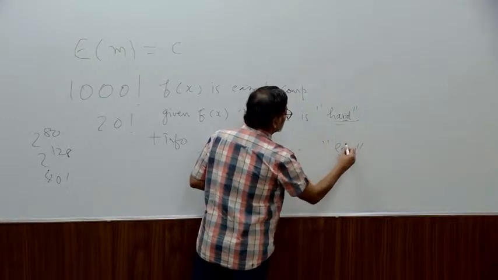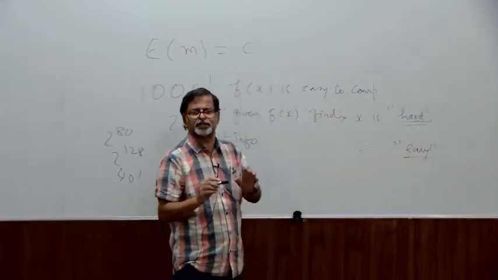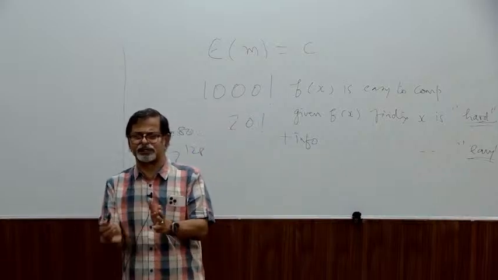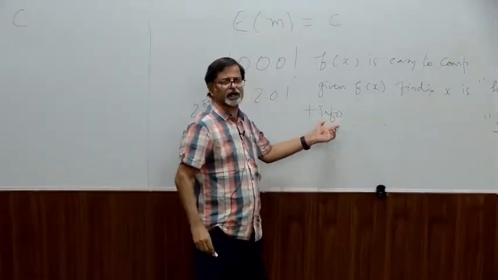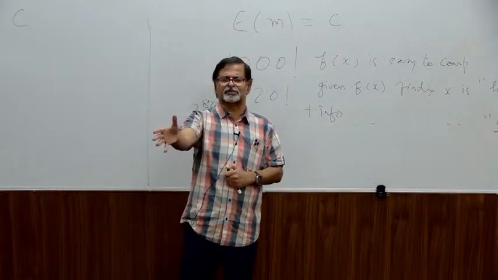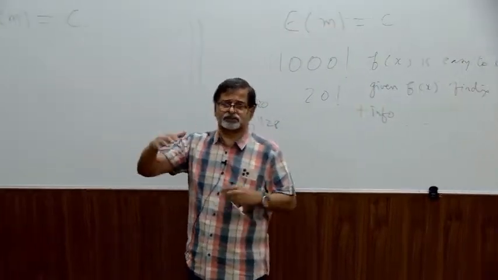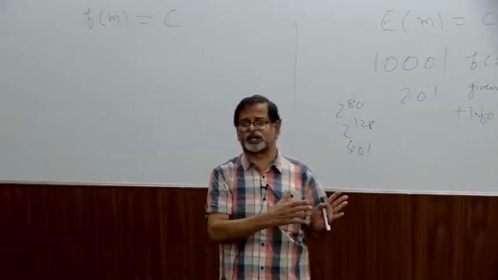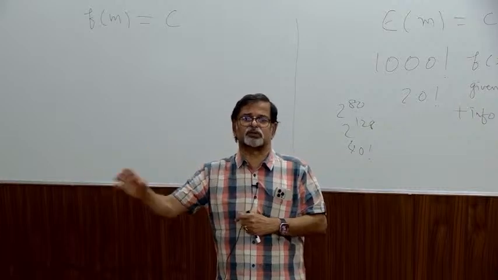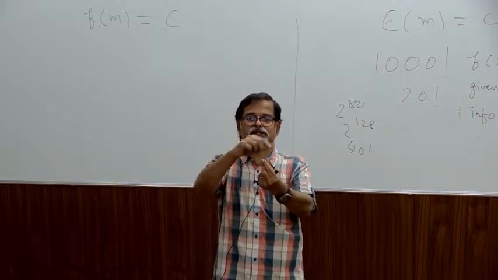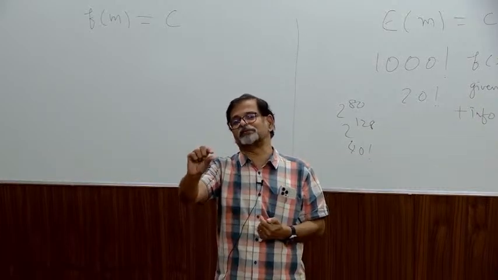So this hard and easy is the word for computational feasibility. I'll give just one additional piece of information. This is called the trapdoor. This analogy comes from a real world scenario where in our home most of us will have a chain attached to the wall and there is a pad with a loop and that chain will have a nail head.